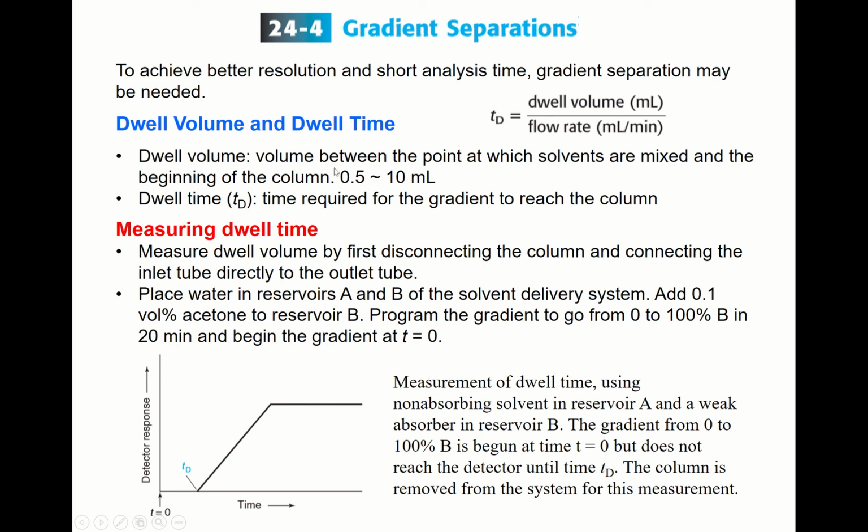That volume means dwell volume, and dwell time is the time for the sample to reach the column. So dwell time equals dwell volume divided by flow rate.